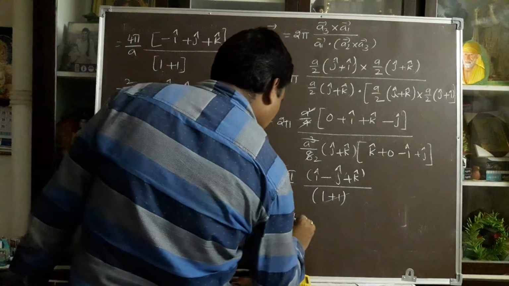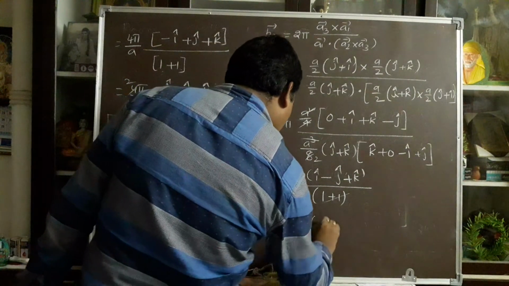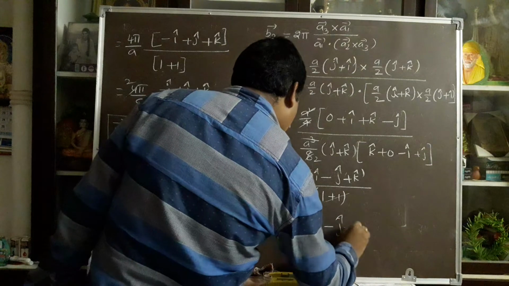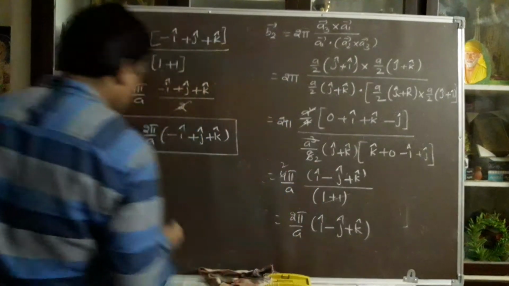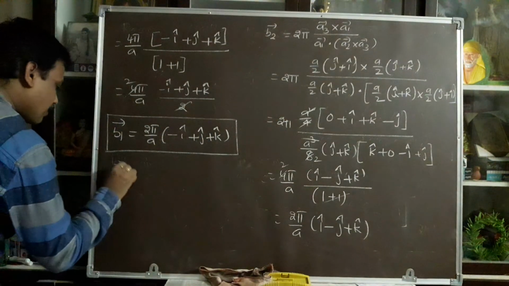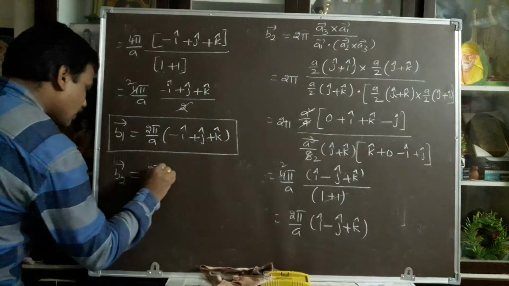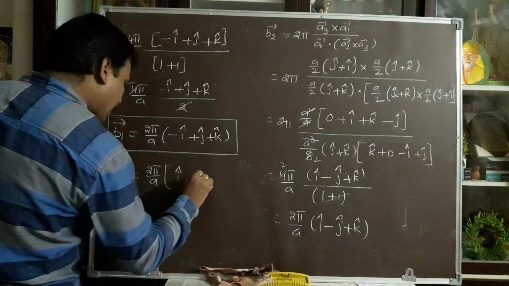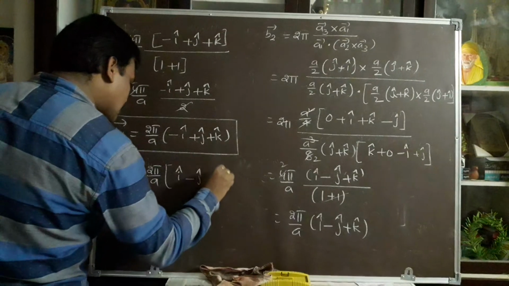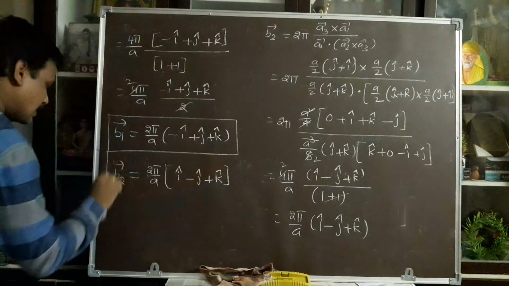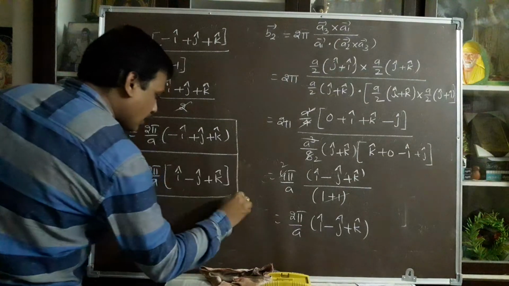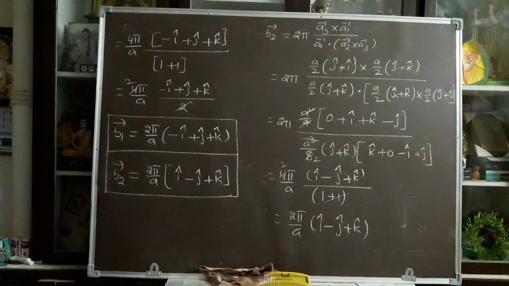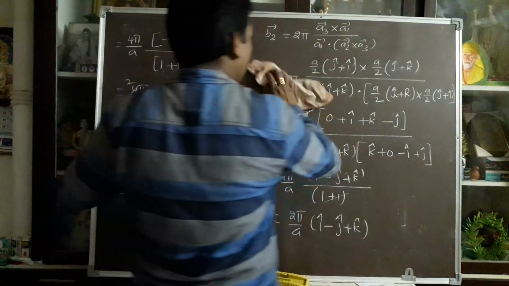So finally you get 2 pi by a into i bar minus j bar plus k bar. So the second vector along the y axis is 2 pi by a into i cap minus j cap plus k cap. This is the reciprocal lattice vector along the y direction in the FCC structure. In a similar way, you can calculate the third vector.